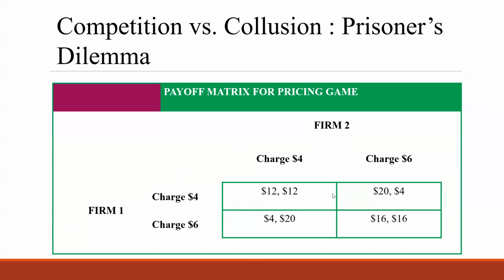So under that setting, cartel is more like 16-16. Namely, each firm is able to charge a higher price. By how? Presumably, by cutting short their products, their supplies.